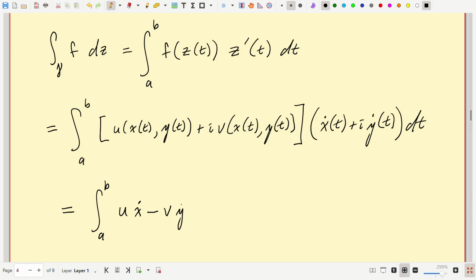That's starting to look like a Green's theorem thing. Plus, then we'll get some imaginary stuff. Integral from a to b. Imaginary would be u times y dot plus v times x dot.